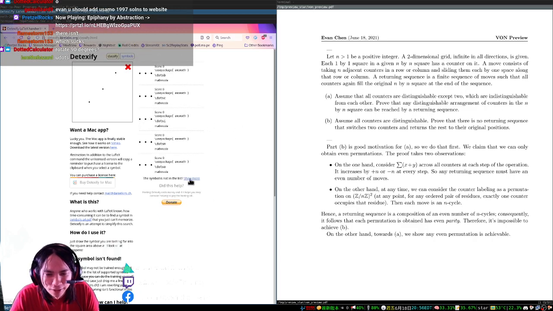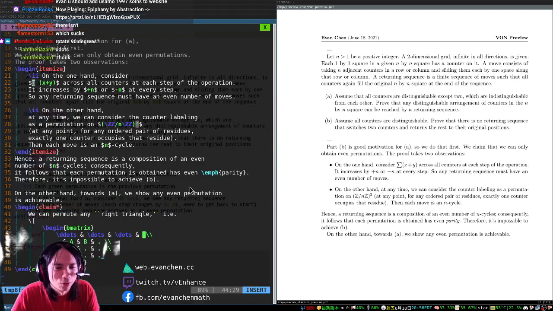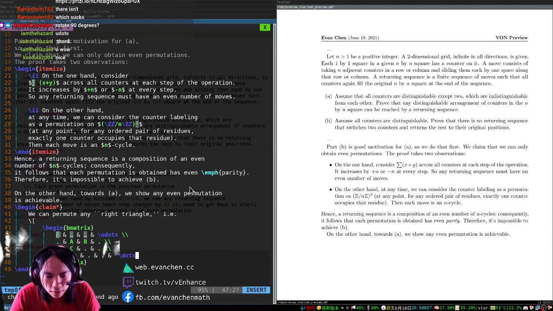Oh, come on. No! U dots? Oh, of course, up dots. D dots is, okay, thanks. U dots. And then D dots. Why did I type all the dots if I'm going to change all of them?